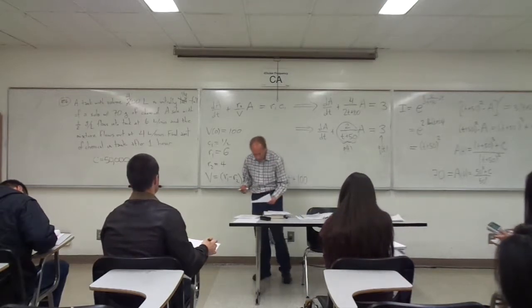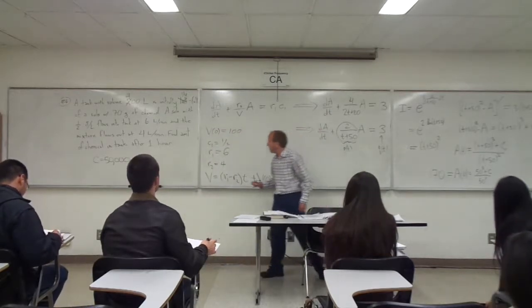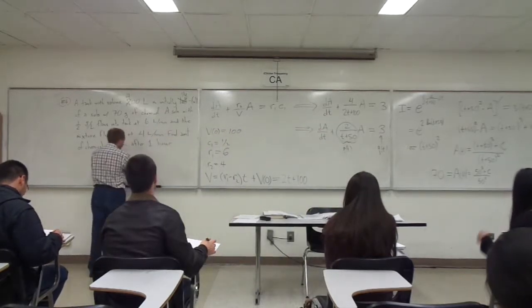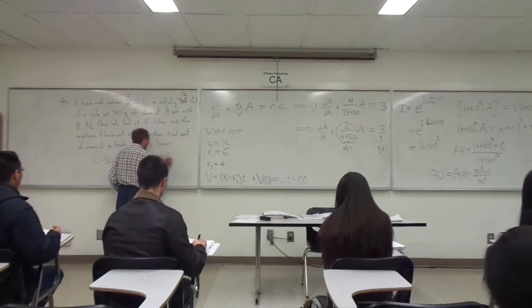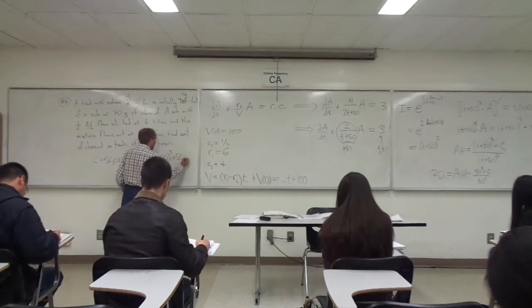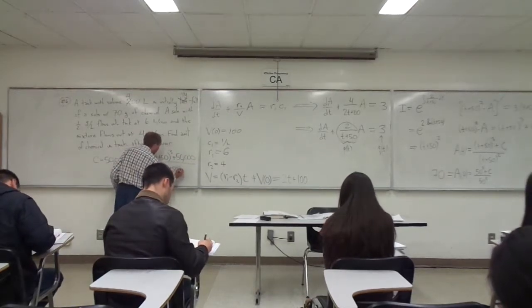All right, good. So once we know that it's 50,000, then we have our a of t formula, which is going to be t plus 50 cubed plus 50,000, all divided by t plus 50 squared.